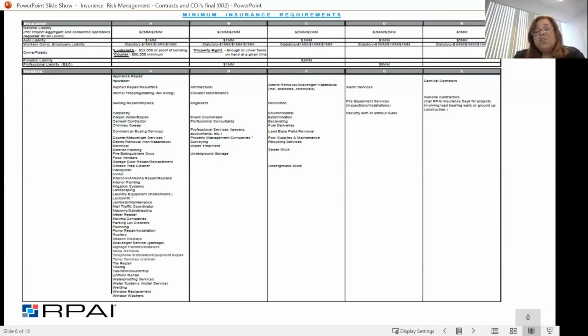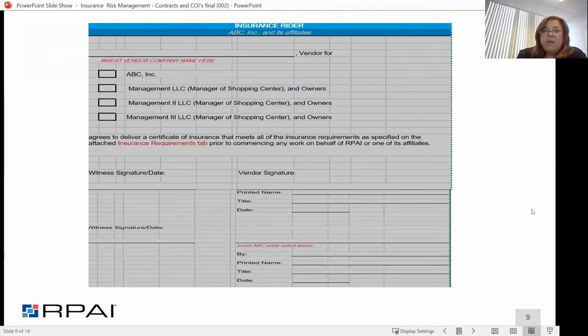But we're saying that the GC needs to indemnify us, meet certain qualifications for their subs that they're going to hire, and then they need to provide us with a minimum of $5 million. And that's usually going to be for an outlet like a bank or a standalone restaurant. But if it's going to be anything that's multi-stories, that's usually going to go up significantly in the limits that we're going to require. So we attach this agreement to what we've created internally as an insurance rider.